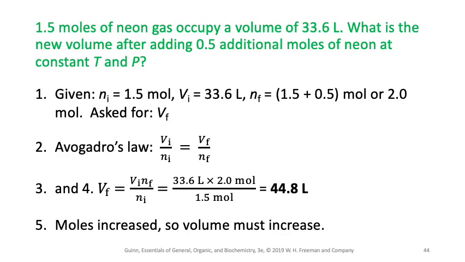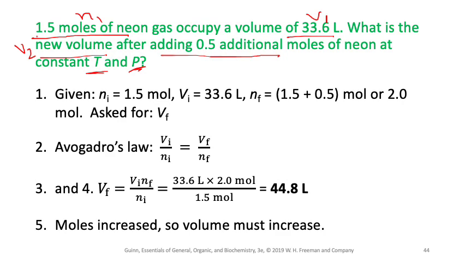Let's take an example on Avogadro's law. It says 1.5 moles of neon gas occupy a volume. What is the new volume after adding an additional 0.5 moles of neon at constant temperature and pressure? So the initial number of moles is given, and the initial volume is given, and it asks what's V2, the final volume after adding 0.5 additional moles.